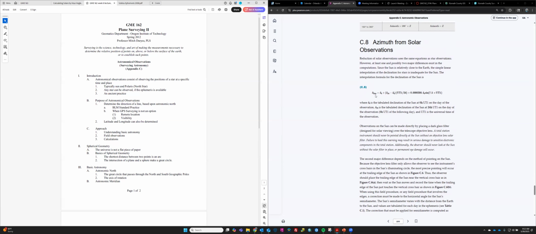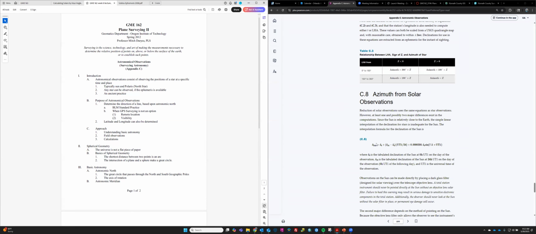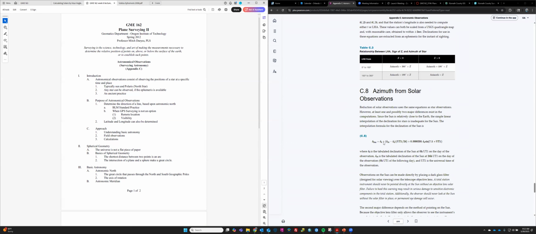You have the polar distance. The polar distance of the sun equals the polar distance at 0, or our base, plus the delta between 24 and 0 time, universal time over 24, plus a constant.